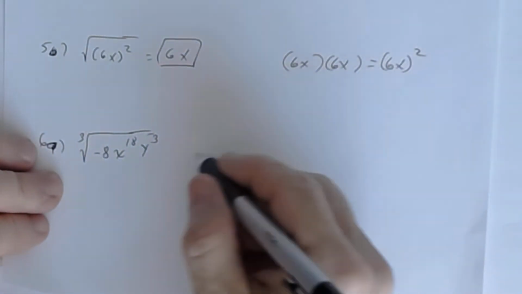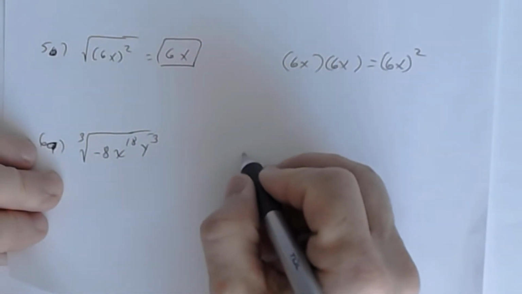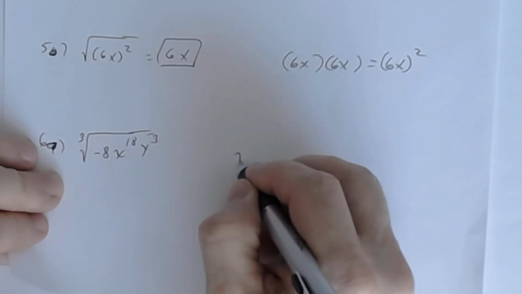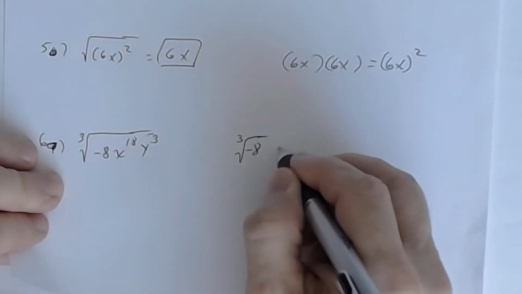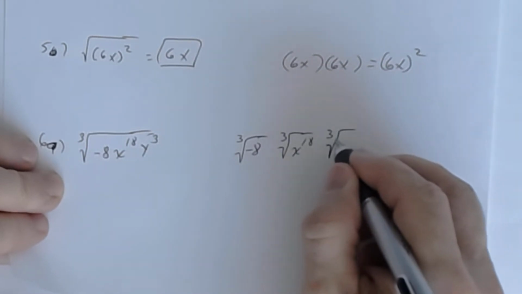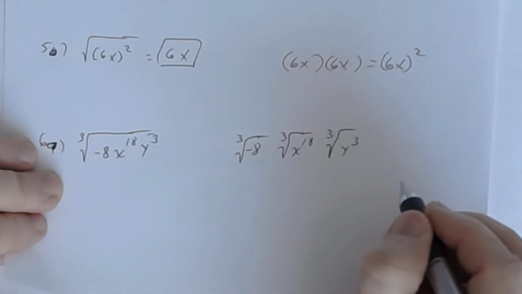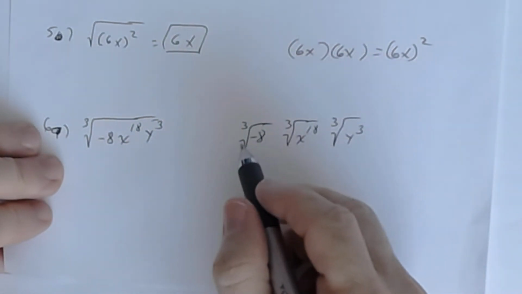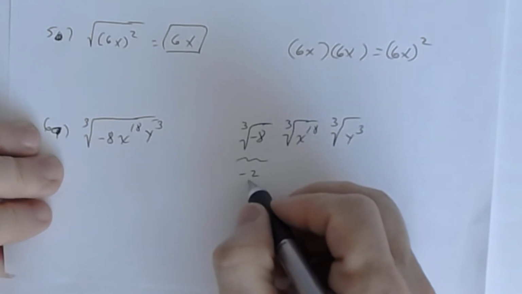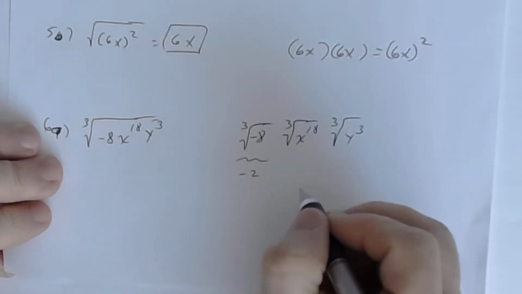Okay, number 6, you have the cube root. So I'm going to rewrite this as a product of 3 radicals. So that's going to be the cube root of negative 8 times the cube root of x to the 18th times the cube root of y to the third. And so the cube root of a negative 8 is negative 2, right? Because negative 2 times negative 2 times negative 2 is negative 8.